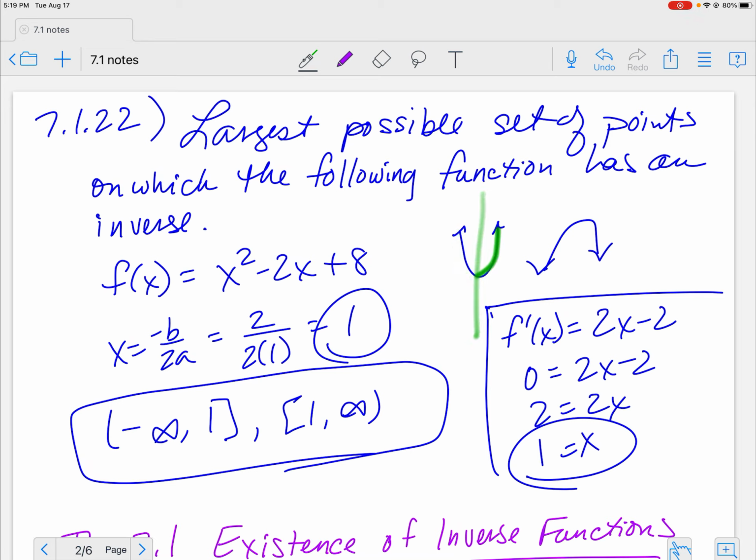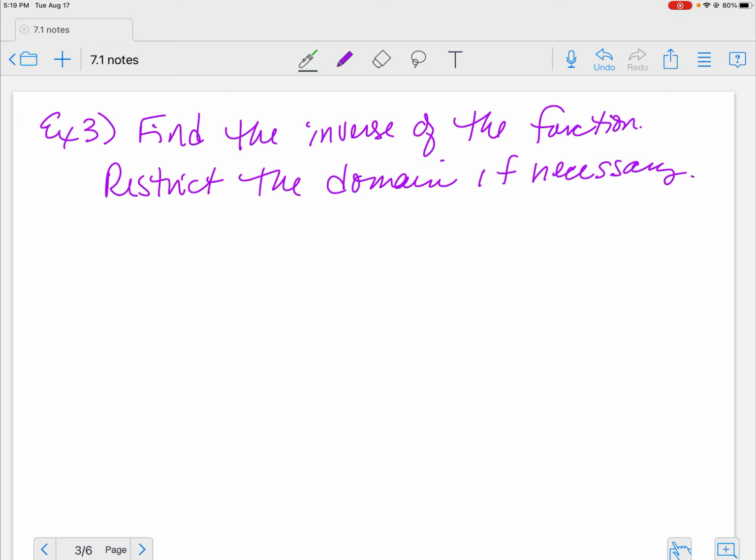I could also restrict the domain and just look at this other piece of it. Do you see that? So if I'm looking at finding the inverse of a function, I can restrict that domain if I need to. It depends on what function you're talking about. So here, if I'm looking at A, I've got f of x is equal to 2x plus 6.